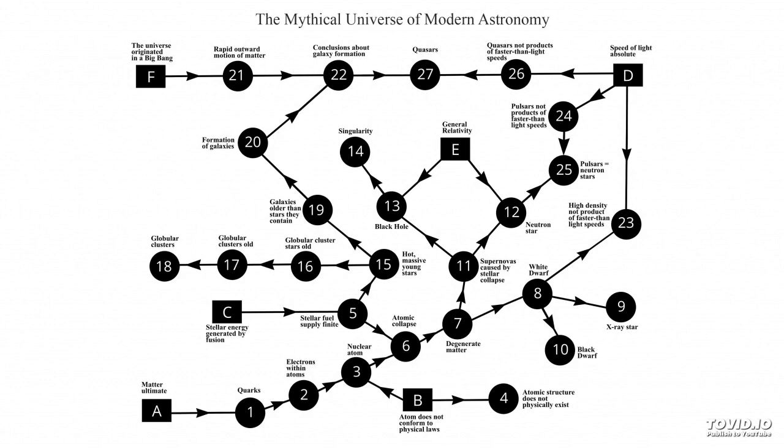If the stars of those clusters are old, as contended by the astronomers' conclusion number 16, then the clusters themselves are presumably old. That's conclusion 17. And the astronomers have therefore decided that they must have been products of the original process of galaxy formation and are part of the galactic structure. That's conclusion 18.